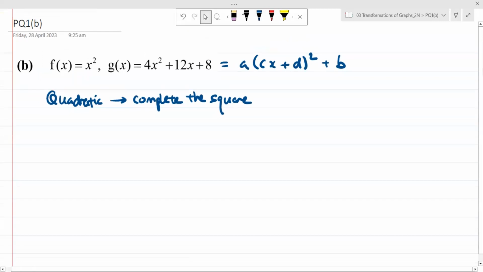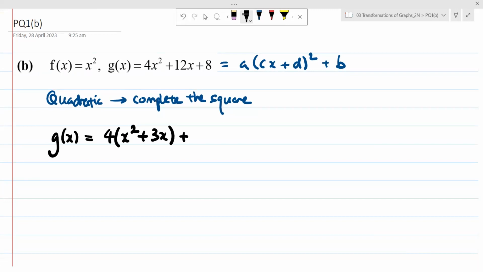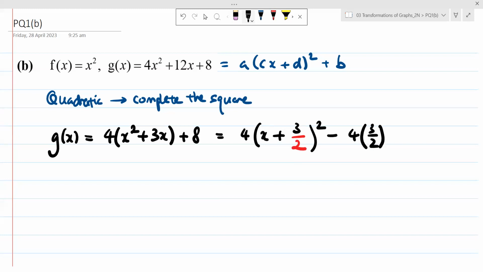So we complete the square. Okay, so you divide by 2. Remember to compensate properly.